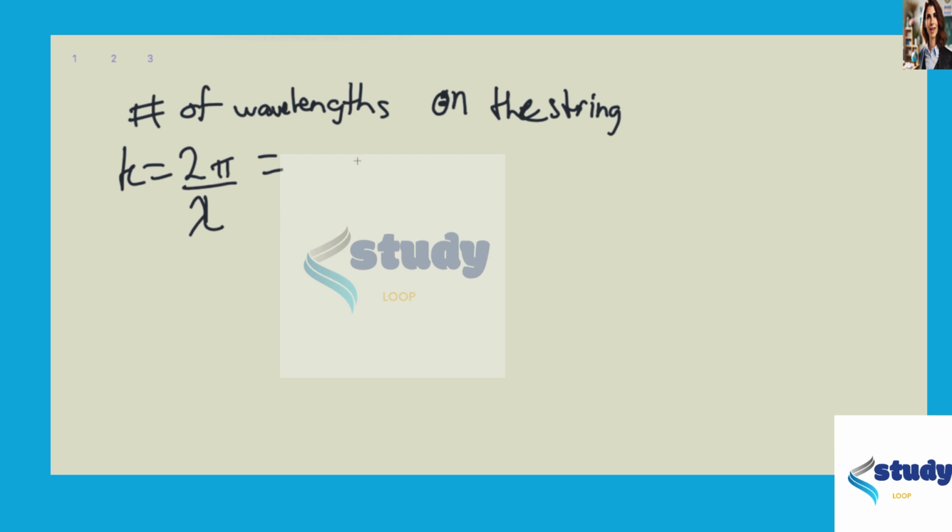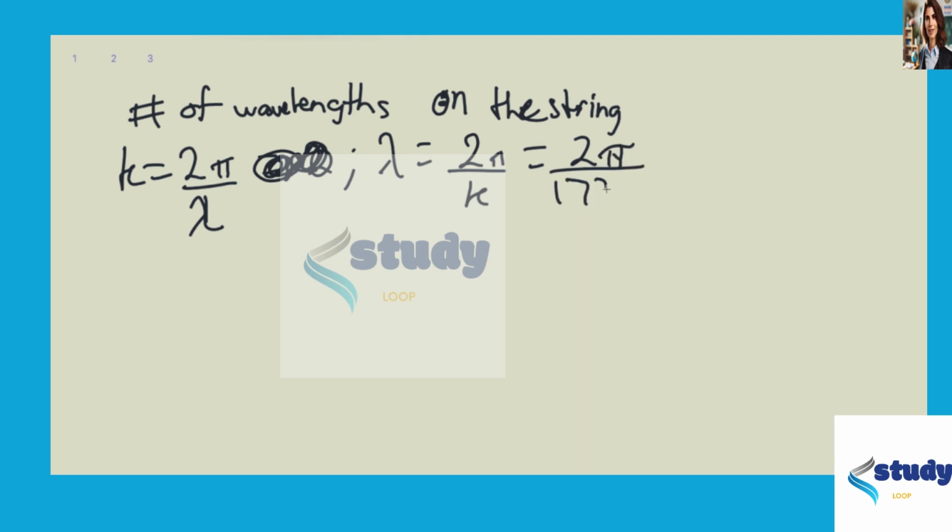And we can say that the wavelength is going to be 2 pi divided by k, 172 meters to the negative first. And this is going to give us 0.0365 meters for our wavelength.